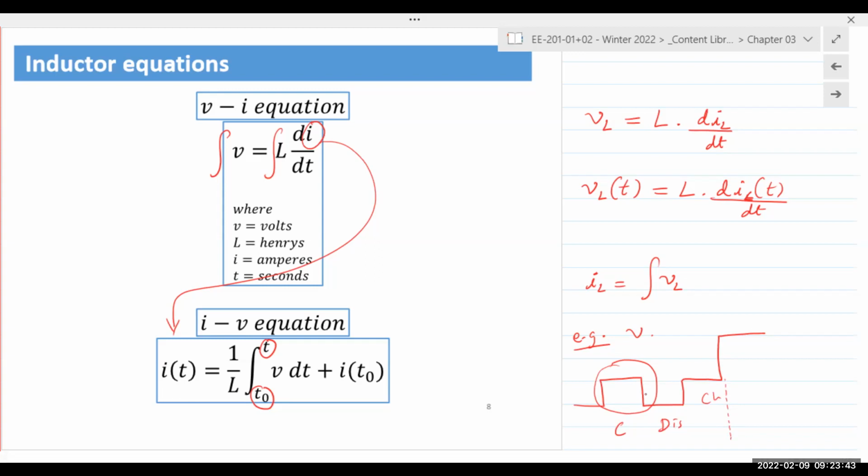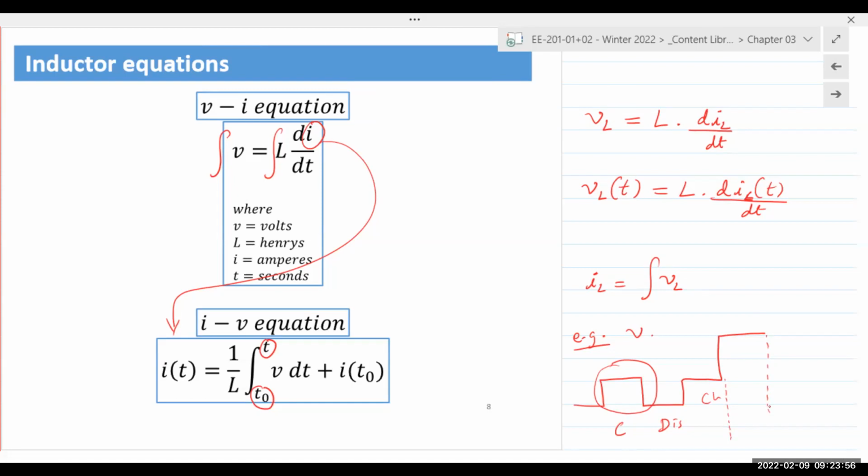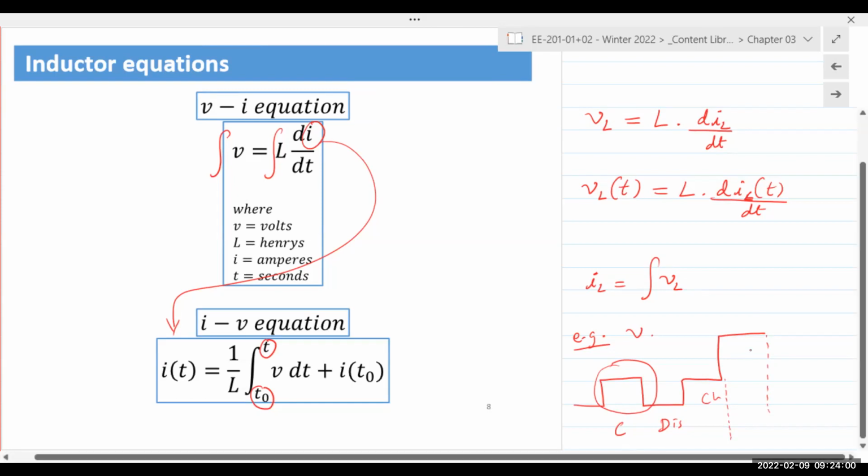Now at this point in time, if you begin your analysis, then the inductor has some stored charge in here. So when you calculate the current for the time period ending right here, this would be the initial energy that is already present in the inductor, right? If you only analyze for this last portion, then your answer would be incorrect because you're not adding up this initial charge portion.